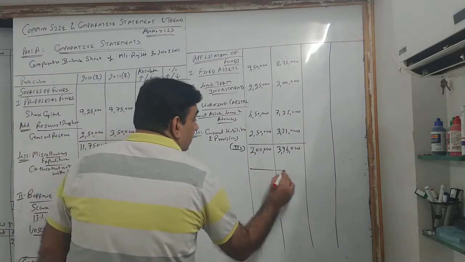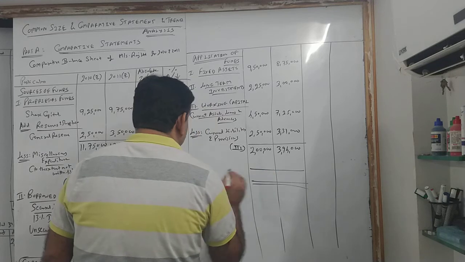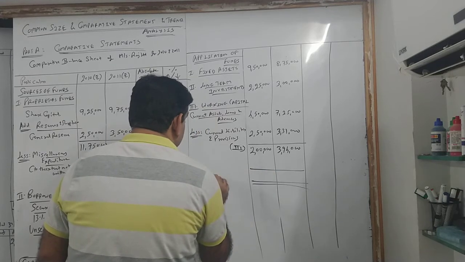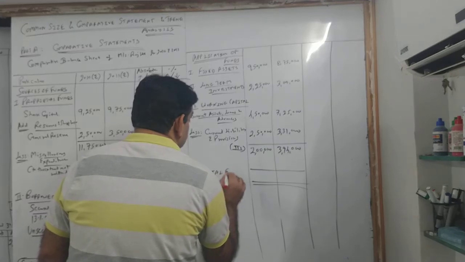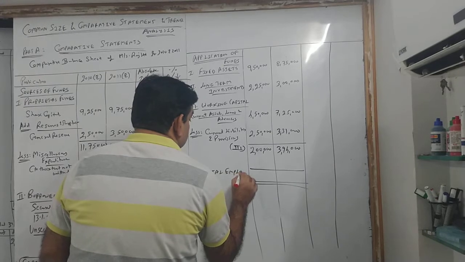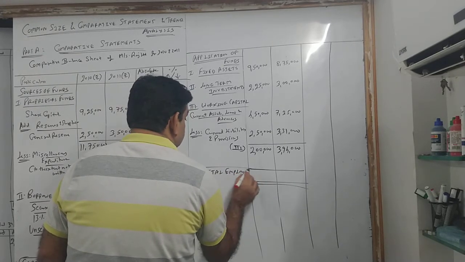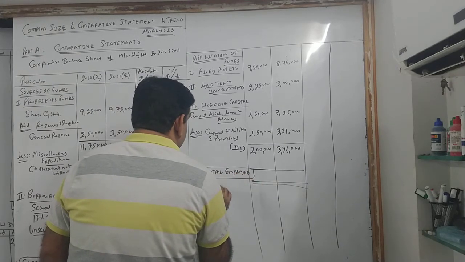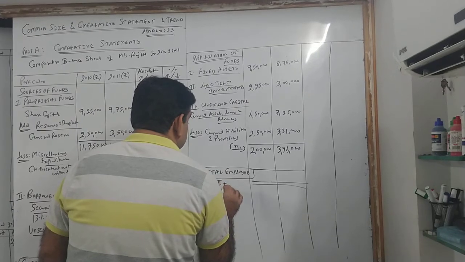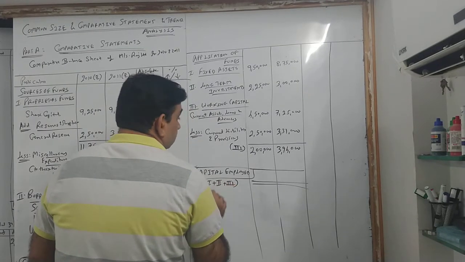Now take the balance sheet total, that is my capital employed, which will be 1 plus 2 plus 3.